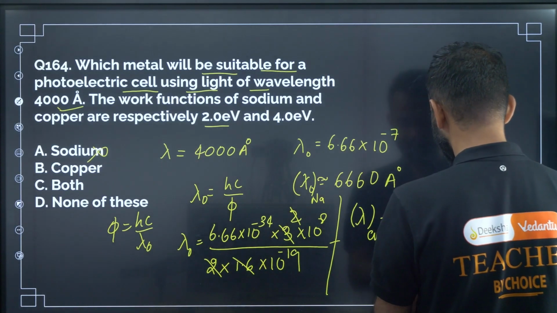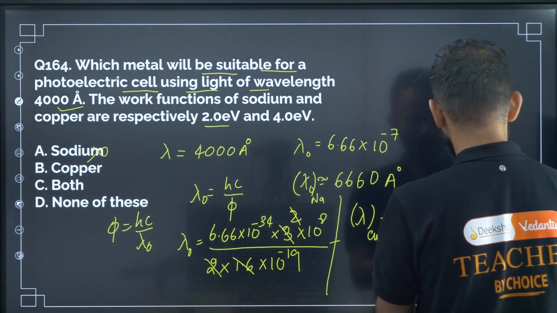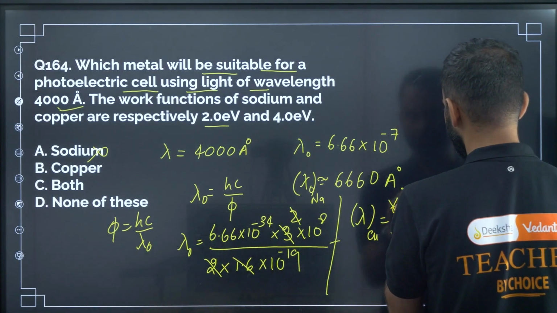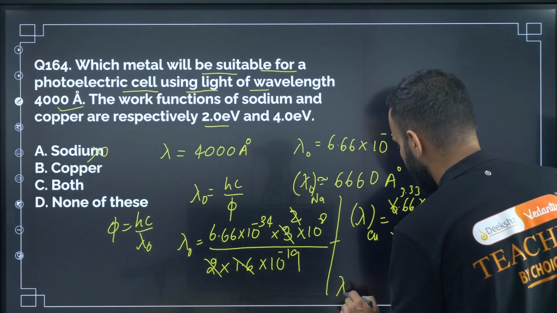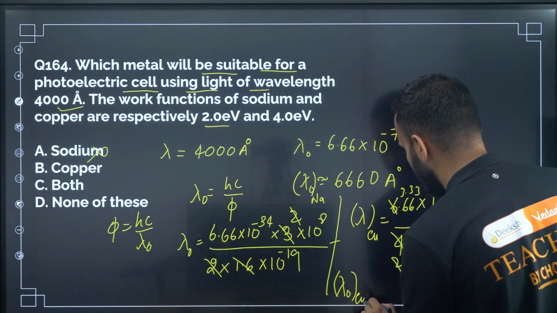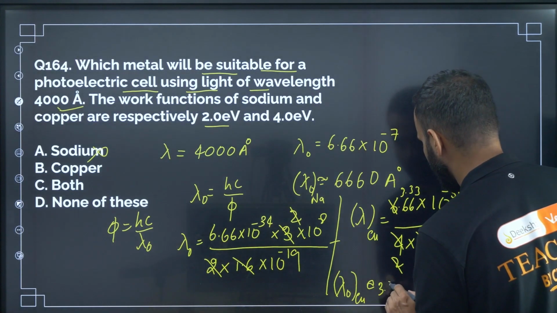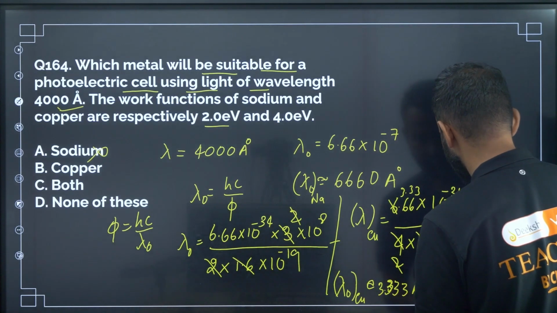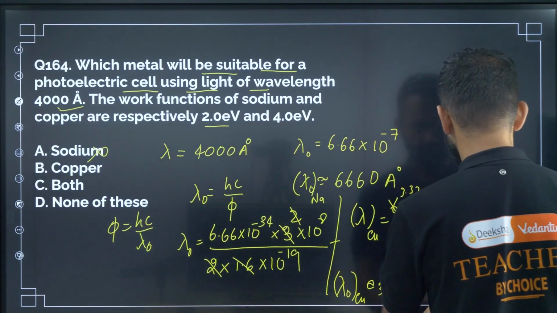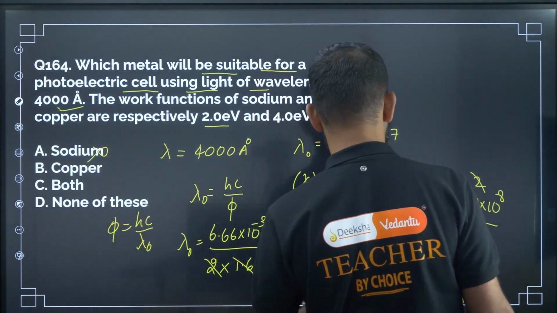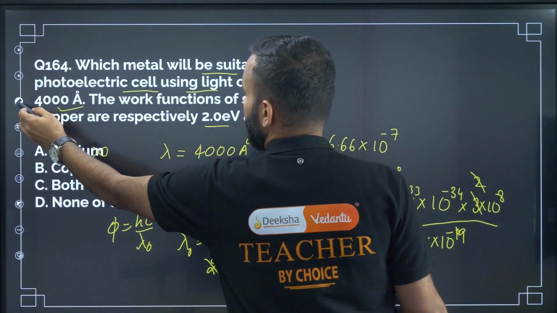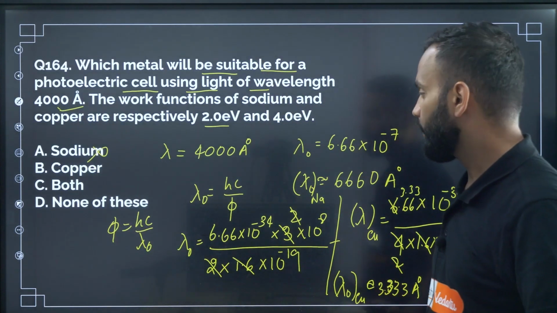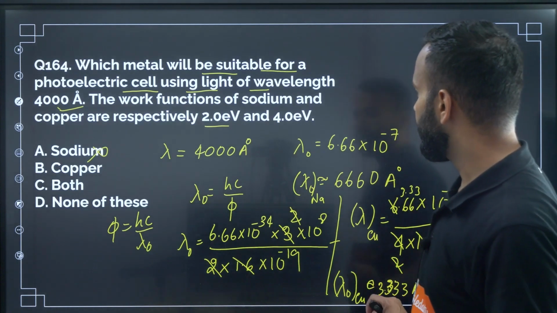Now this is approximately 2, then 1 by 2, next this will be 3, 3, 3. So the threshold wavelength for copper is approximately 3333 angstrom. This is not an exact value, approximately 3333 angstrom.